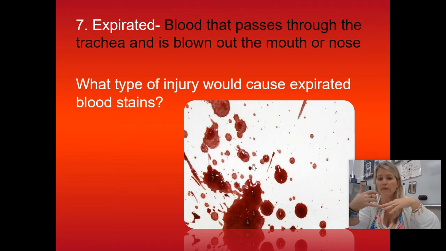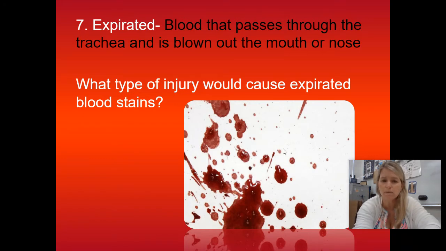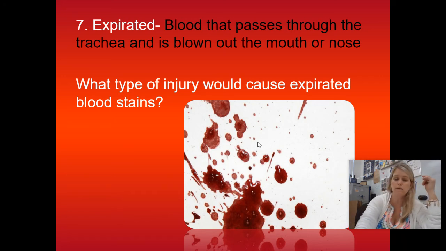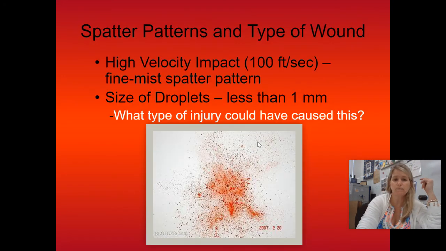And so you're going to get lighter color bubbles. Some of these bubbles on the edge here look pinkish. It's hard to tell in this picture, but that's what I'm talking about. A typical injury that would cause this would be getting punched in the nose, and you're breathing hard and you spray it out, or you sneeze. When you have a bloody nose, that would be an example of that.